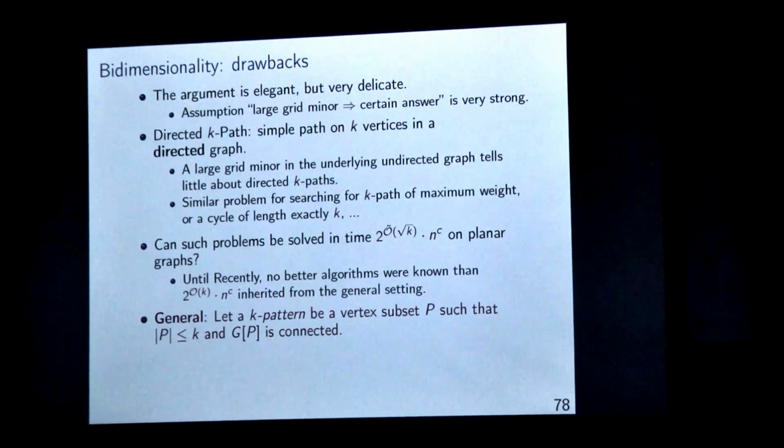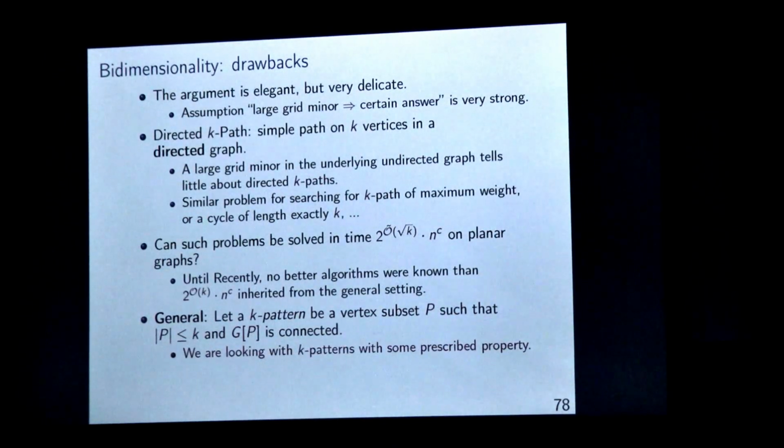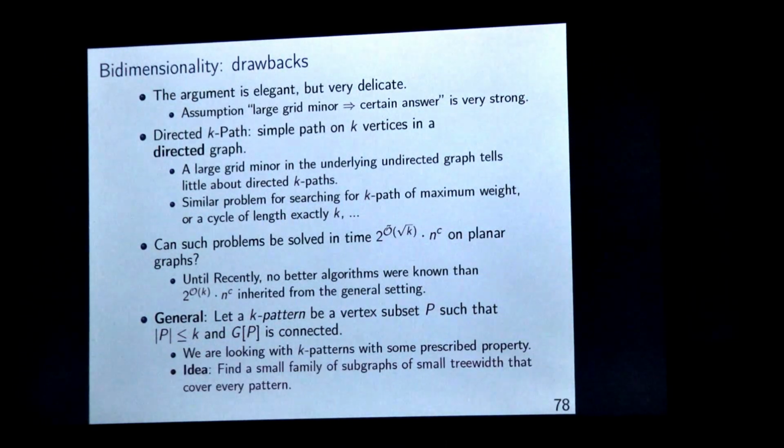So think of a path as a pattern of length k; it is connected. And we are looking for k-patterns with this kind of property. So what is our idea? Our idea was to find a small family of subgraphs that covers all patterns, and these subgraphs have small treewidth.